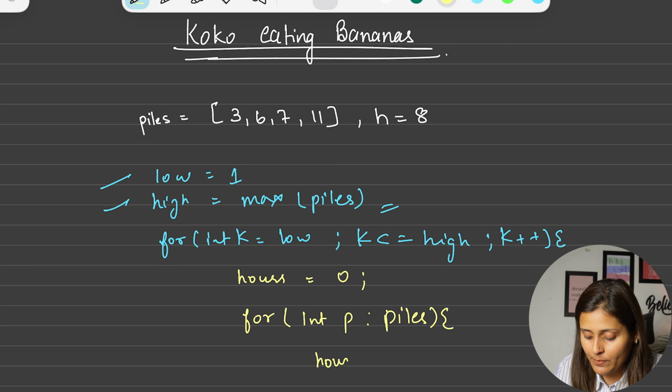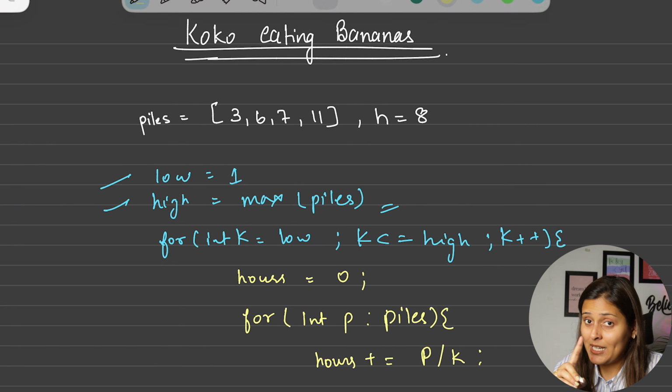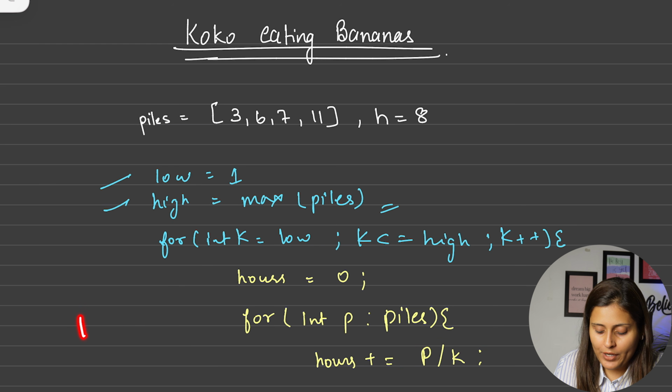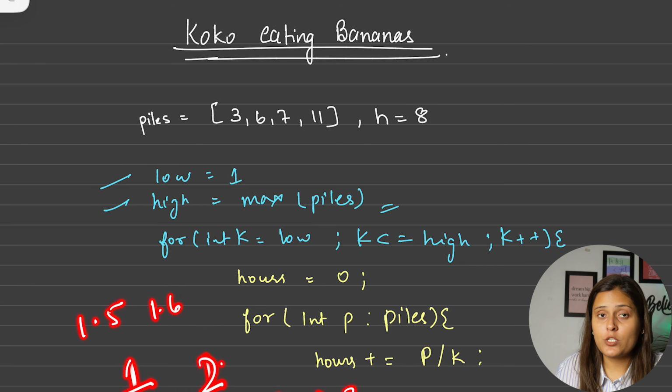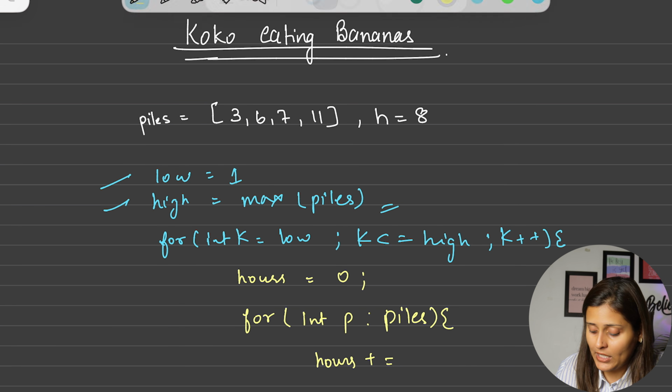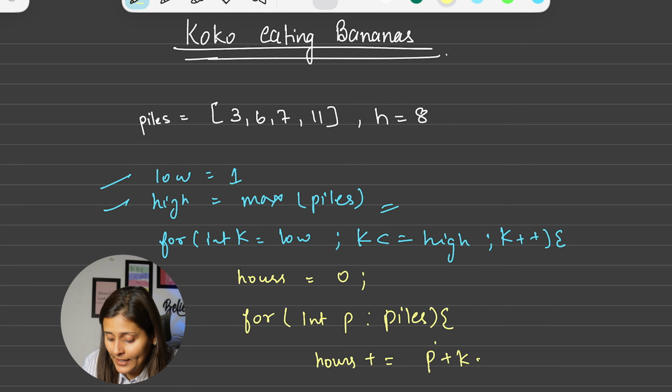So I will do hours plus equals, I want to add the time. How will I add the time? By dividing p by k. But remember, this will give me the floor value. Floor means if it is 1.5 or 1.6, it will give me 1. I want 2. Correct. For 1.1 also I want 2. So to take the ceil value, instead of directly dividing p by k, we have to write p plus k minus 1, divided by k.